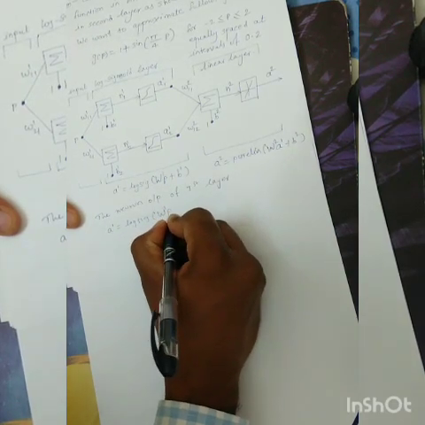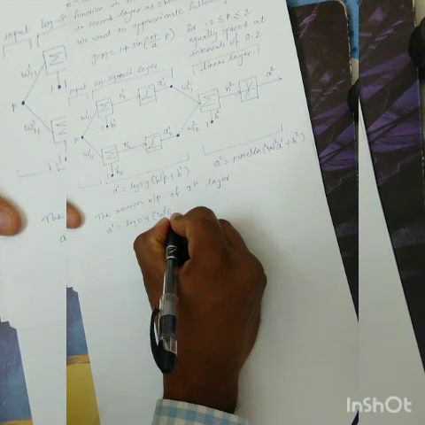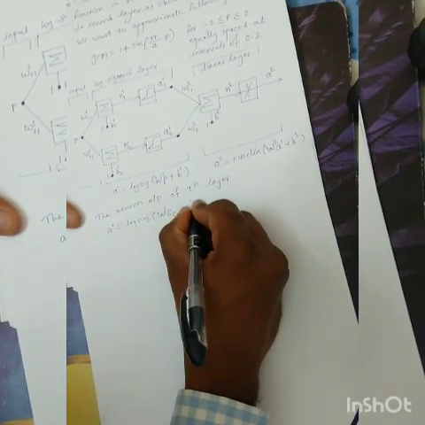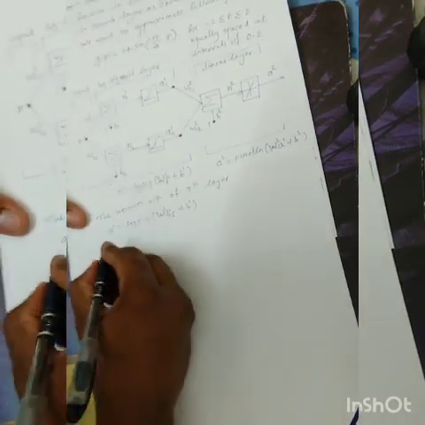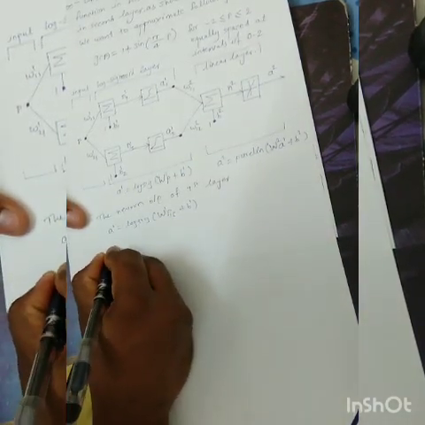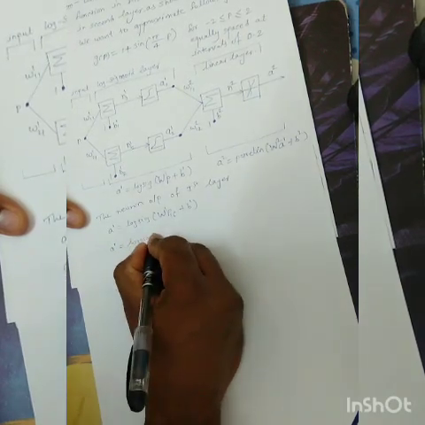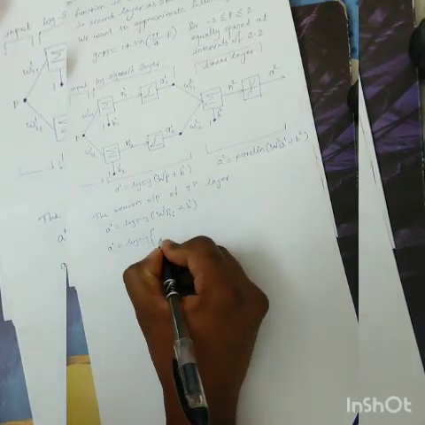Here we are going to choose P is equal to P16. Okay, that is A1 is equal to log sig of W1.